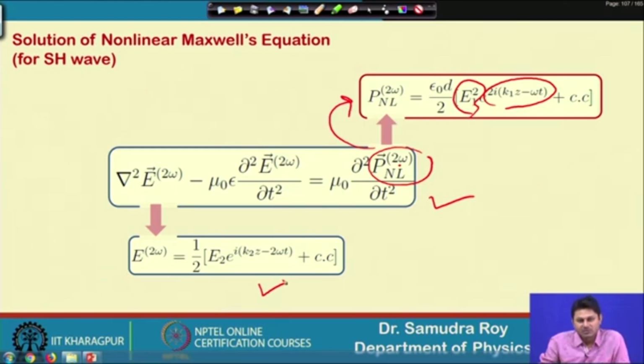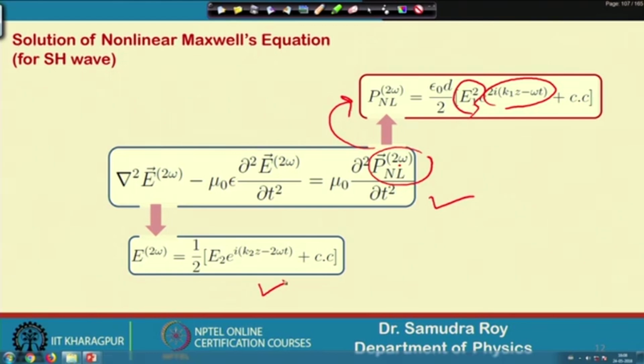So, the next step is to solve the nonlinear Maxwell's equations. Today we understood how the nonlinear Maxwell's equation can be useful to understand the second harmonic.